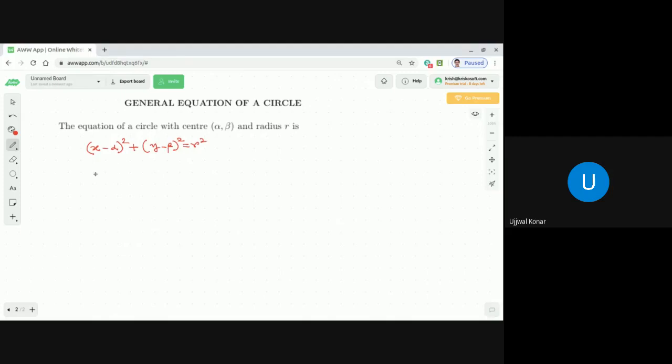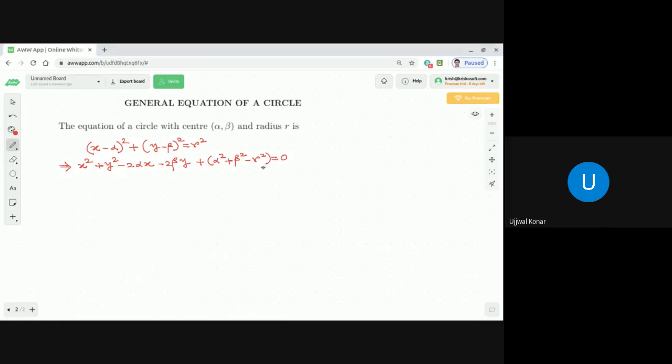If we expand it, then we get x square plus y square minus 2 into alpha into x minus 2 into beta into y plus alpha square plus beta square minus r square is equal to 0.